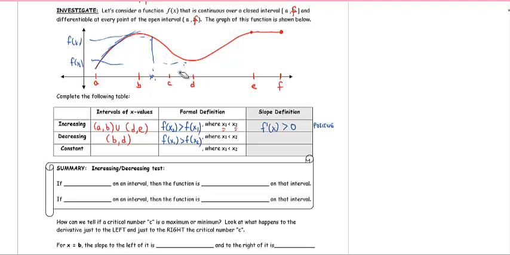And of course, ultimately, I'm looking at slopes. Slopes in these seem to be, you got it, negative. So everywhere where it's decreasing, the slope is negative.